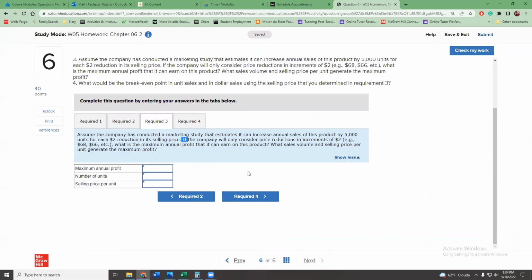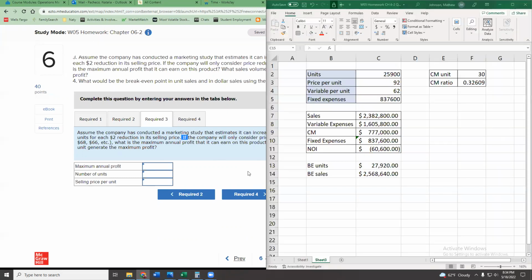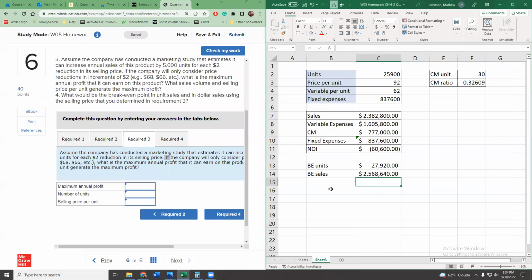If marketing will only consider price reductions in increments of $2, what is the maximum annual profit it can earn on this product? And what sales volume and selling price per unit generate the maximum profit? So for every $2 reduction in the selling price, we will have 5,000 more units in sales.